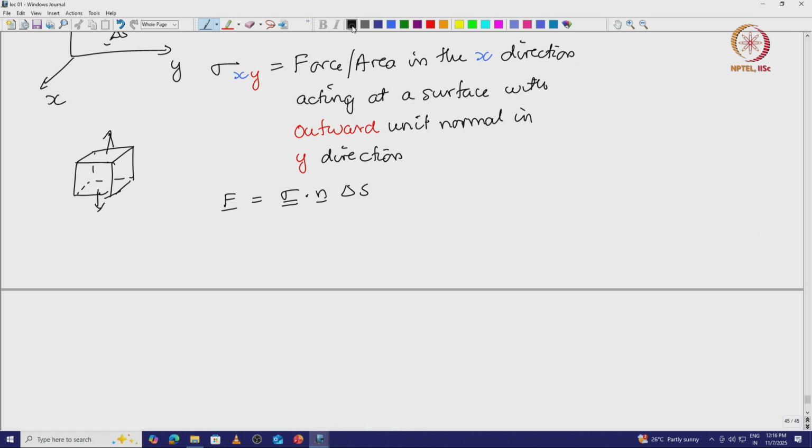I should note here one convention change between the mass flux, the heat flux and the stress.